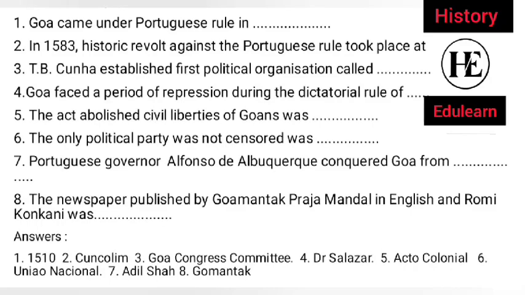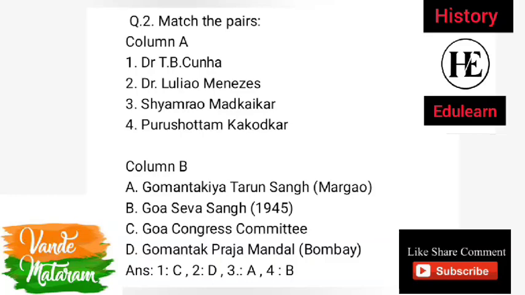The act that abolished civil liberties of Goans was ecto-colonial. The only political party that was not censored was União Nacional. The Portuguese governor Alfonso de Albuquerque conquered Goa from Adil Shah of Bijapur. The newspaper published by Gomantak Prajamandal in English and Romi Konkani was Gomantak.